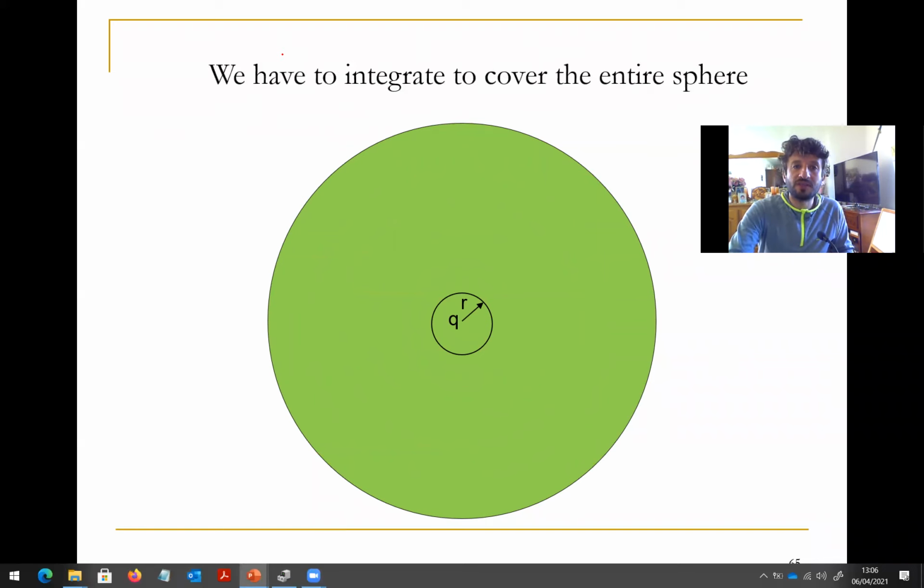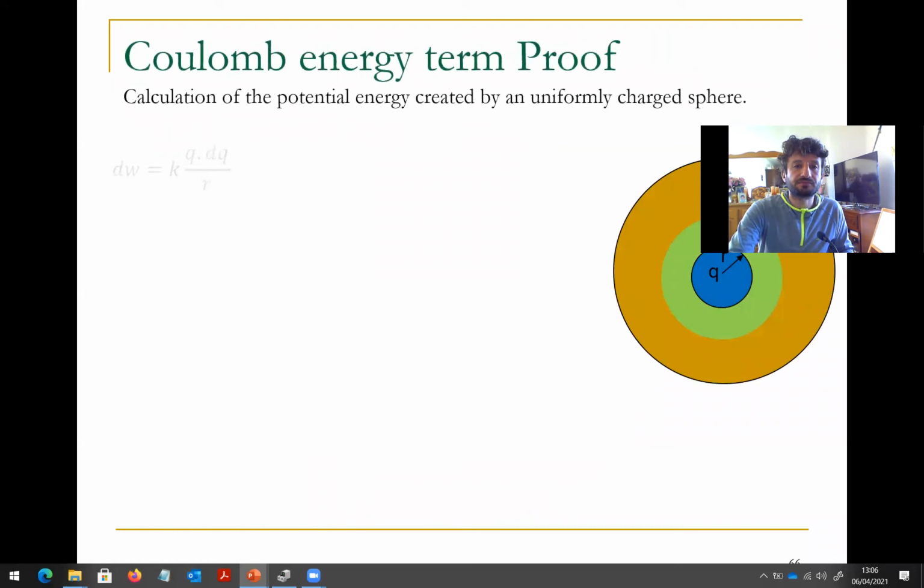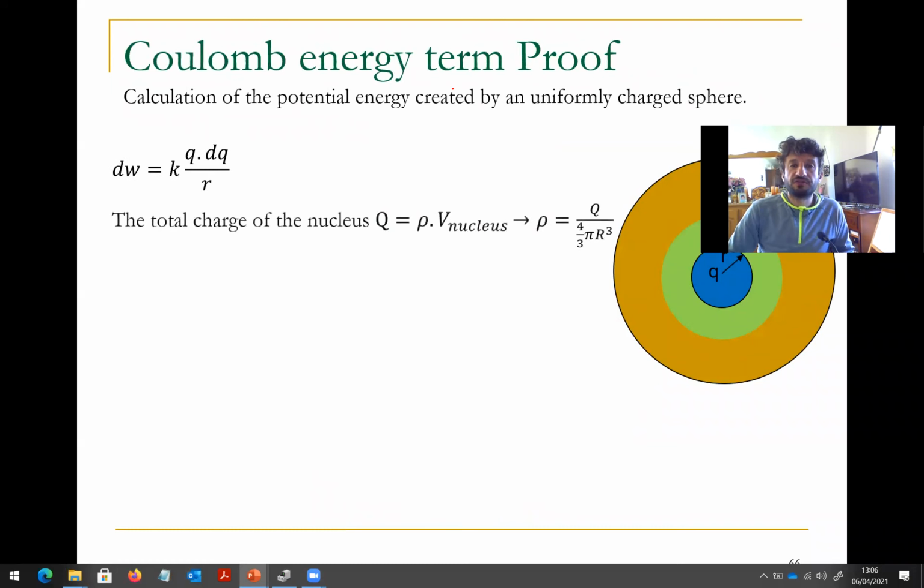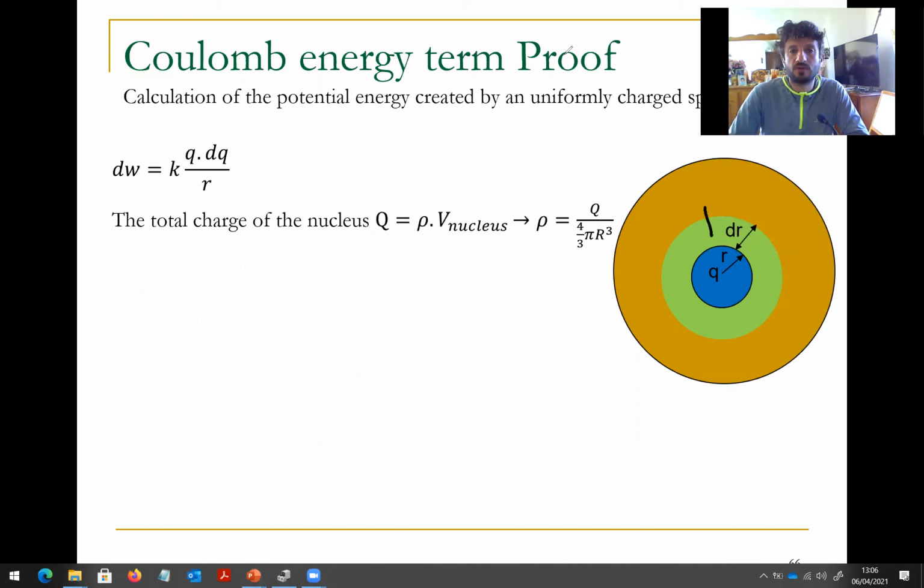Here we can say, first of all, we have Q, and we have one shell of charge dq. The electric potential energy dW equals k q dq divided by r, because this charge is placed at a distance r from the center of q.